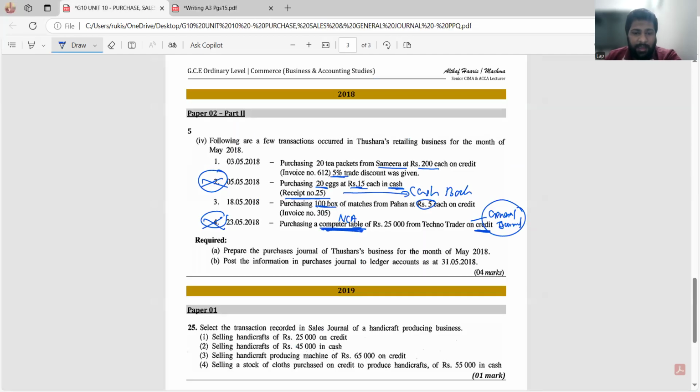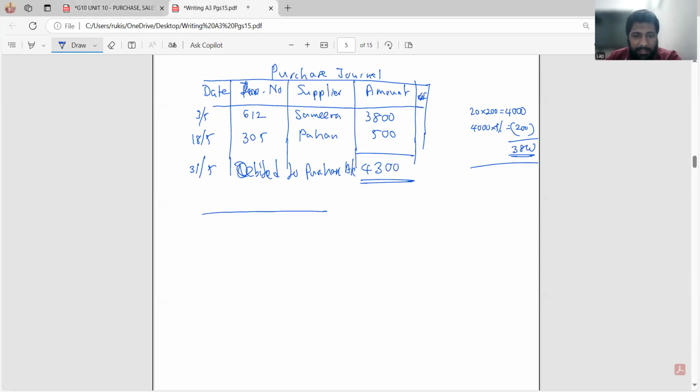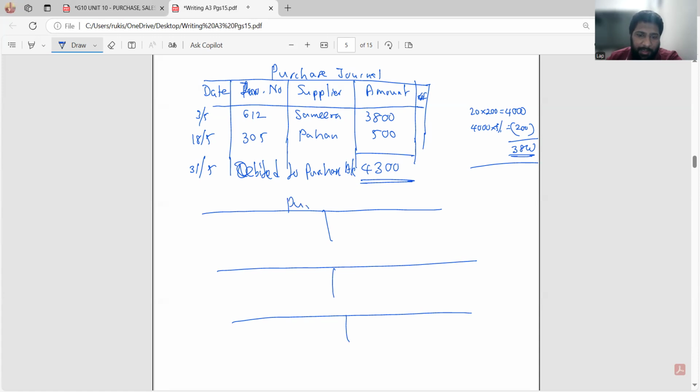And they are asking us to post the information into the ledger accounts also. So we need 3 ledger accounts there. 1, 2, 3. One is the purchase account.